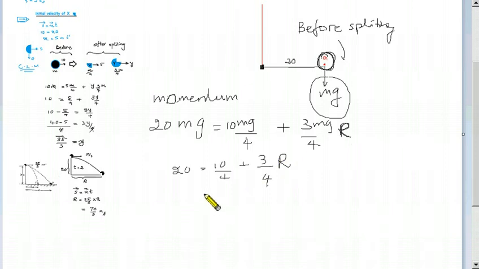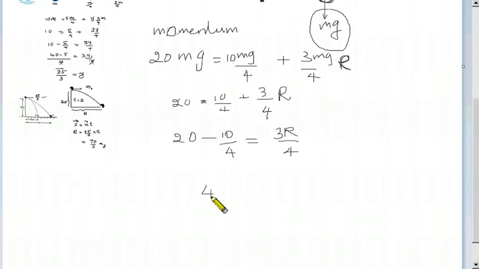So 20 minus 10 by 4 equals, we take this one this way, 3r divided by 4.